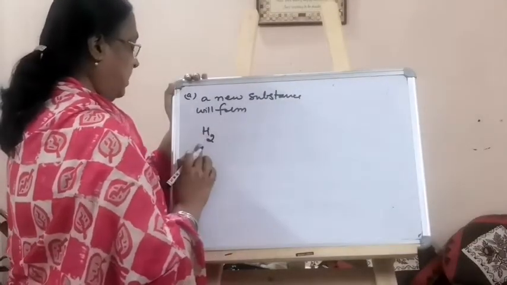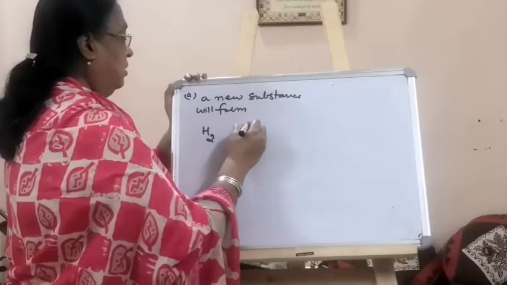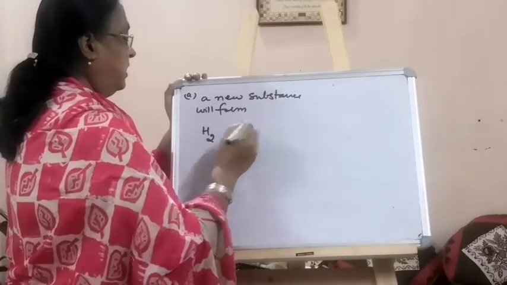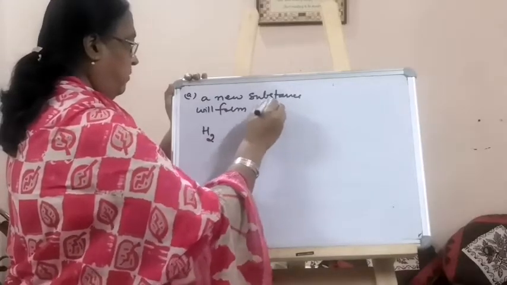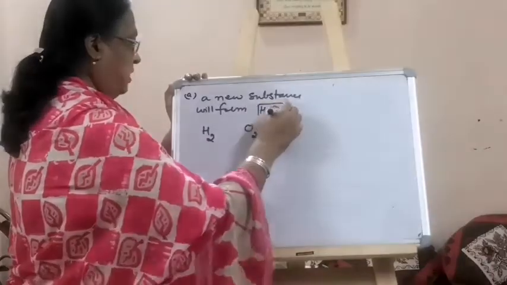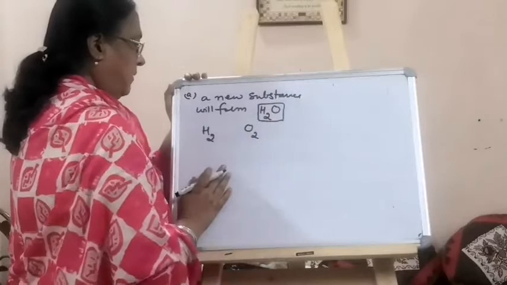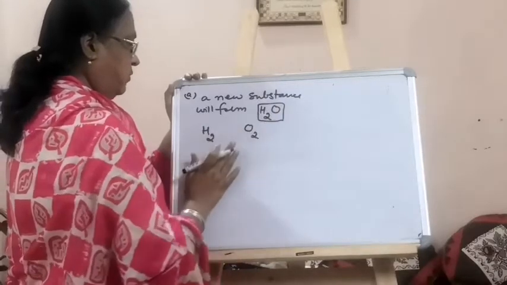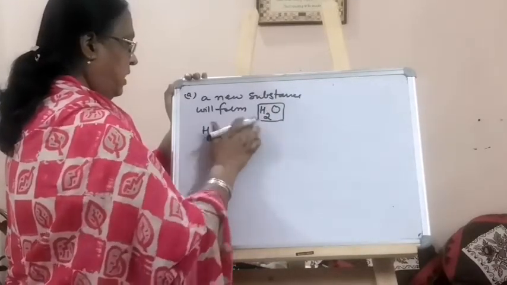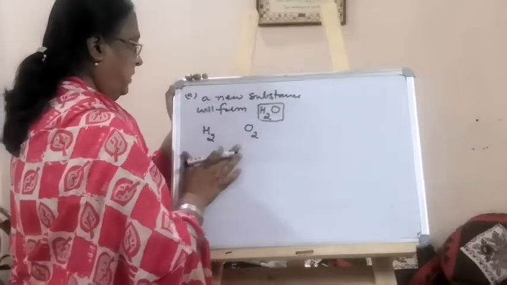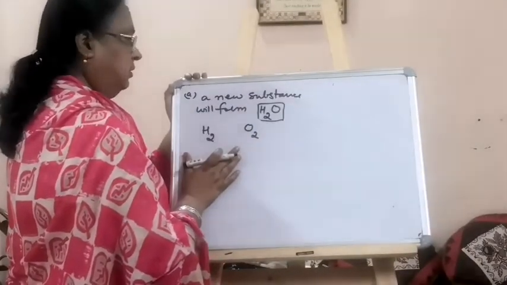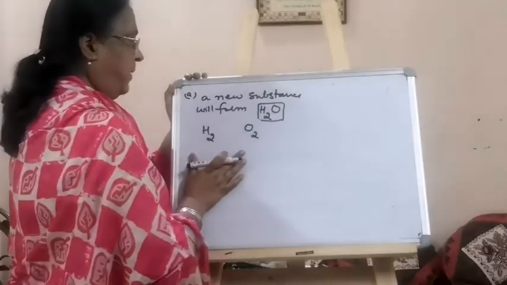Hydrogen is collected at the cathode and oxygen gas is collected at the anode. Water is a liquid, you know that, and water doesn't have the characteristics of oxygen and hydrogen individually, but these two gases can be prepared.